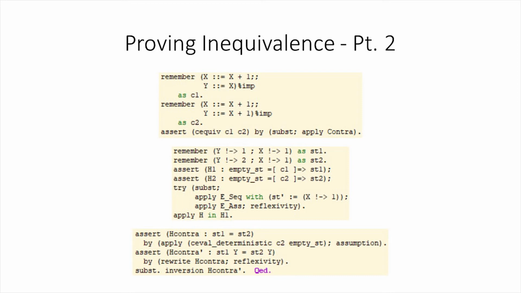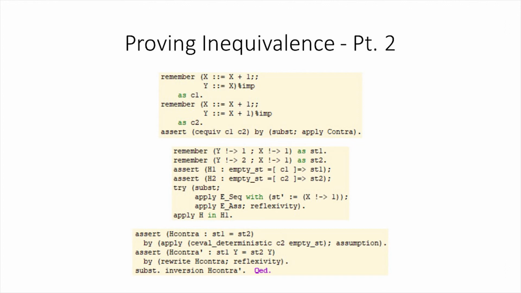So in the final slide on proving inequivalence, we use a similar setup to show that commands C1 and C2 are actually not equivalent, despite our attempts to prove them so. So we're using remember to show that x is equal to x plus 1 and y is equal to x in command 1, and x is equal to x plus 1 and y is equal to x plus 1 in command 2.